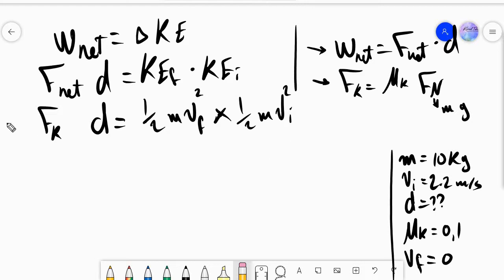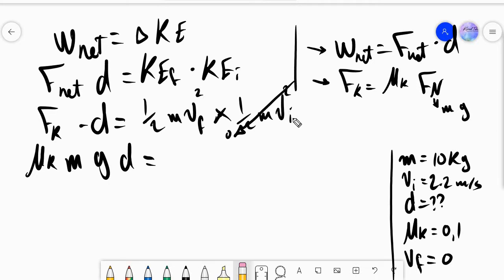Anyway, let's complete. Now Fk, we said, equals mu k Fn, or mu k mg. So mu k mg d equals this one, which is 0. All of this is 0. Why? Because vf here is 0, vf at the end is 0, and all of this equals 0.